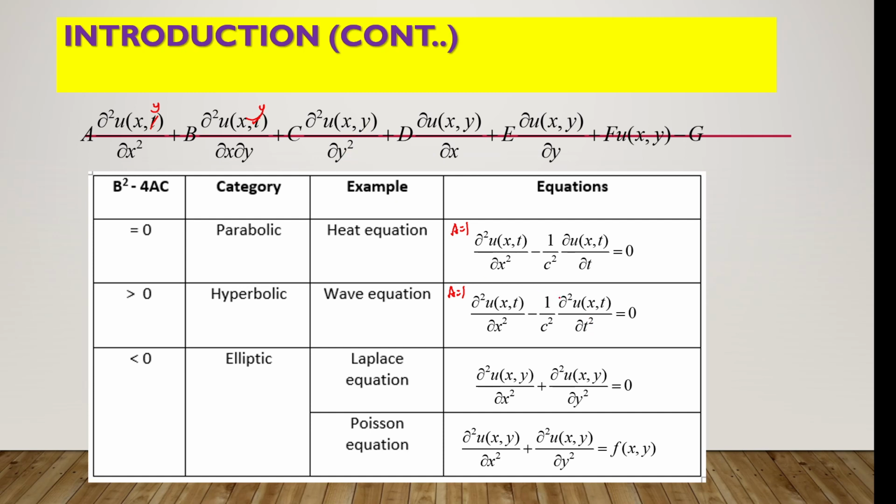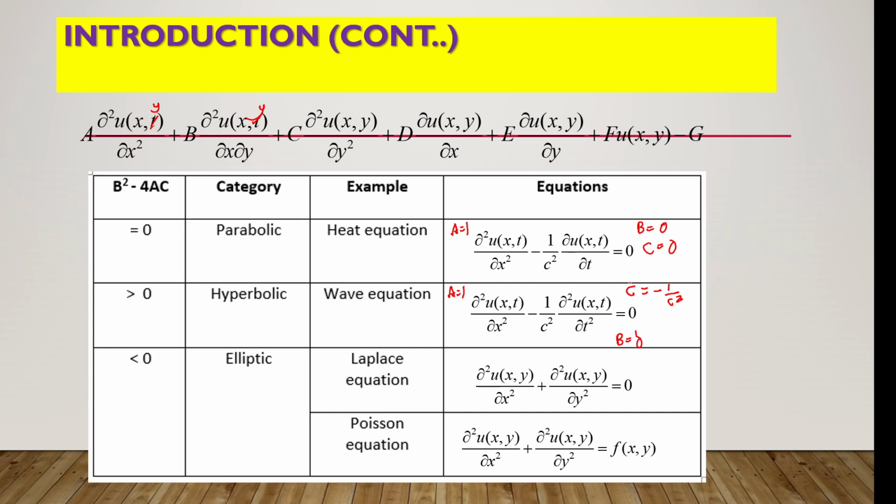So for wave, the coefficient c is negative 1 over c squared. We don't have b, so b is 0.